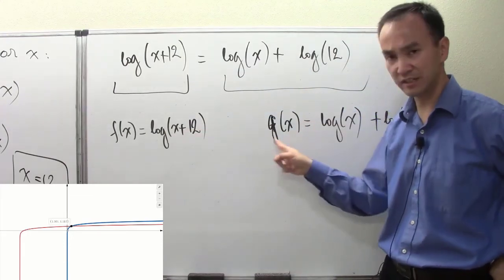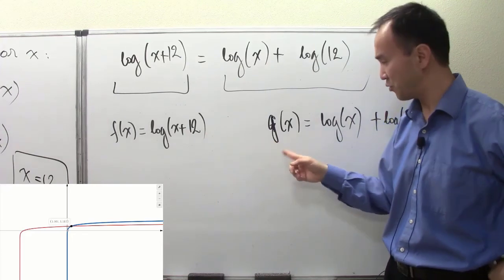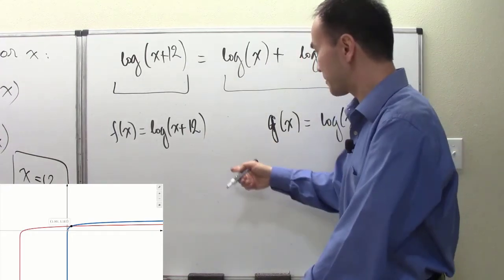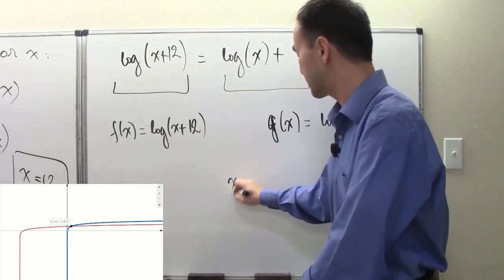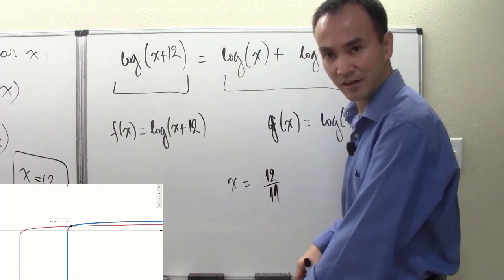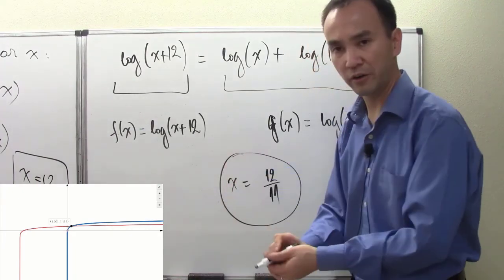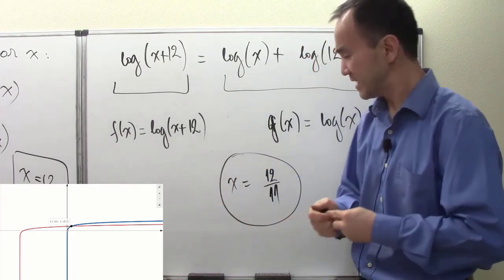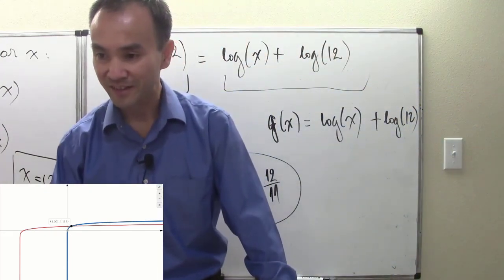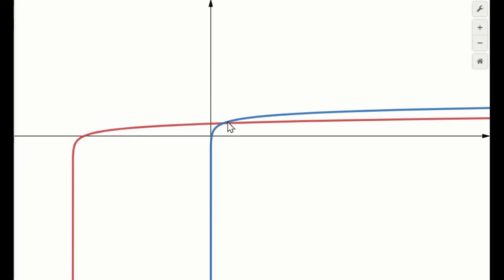We found out earlier in our work that the value was x equals 12 over 11, and we already checked and proved all that. With decimals, 12 over 11 is about 1.091.